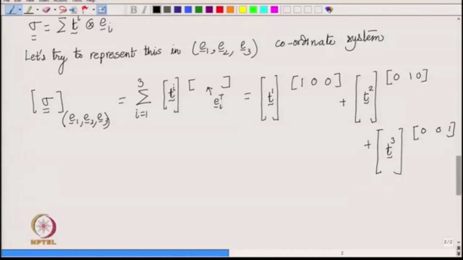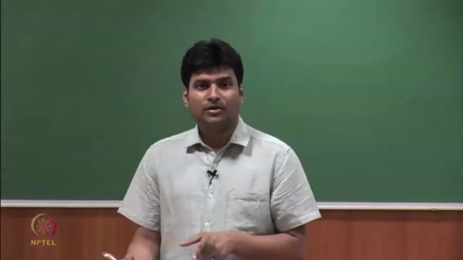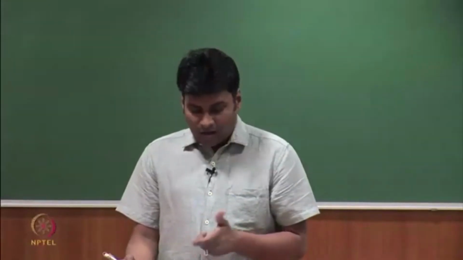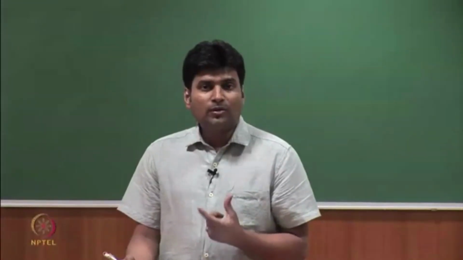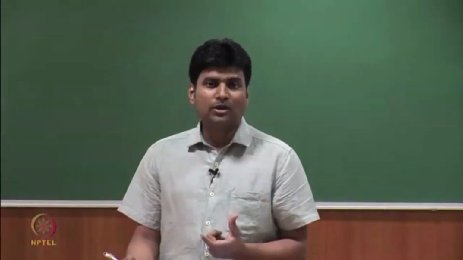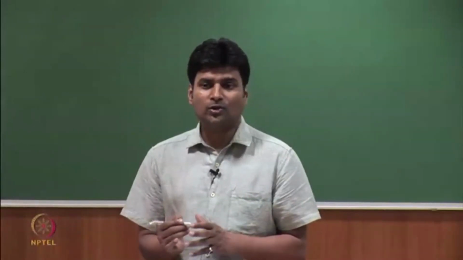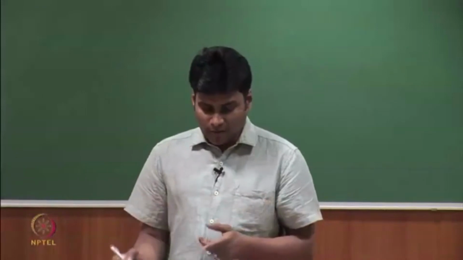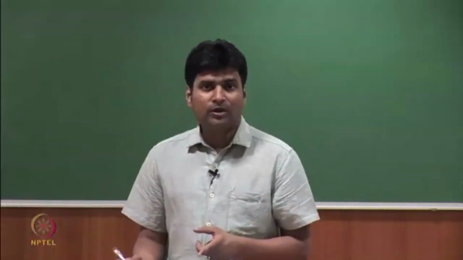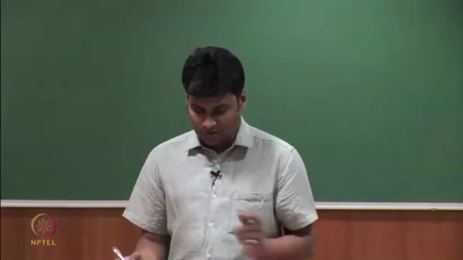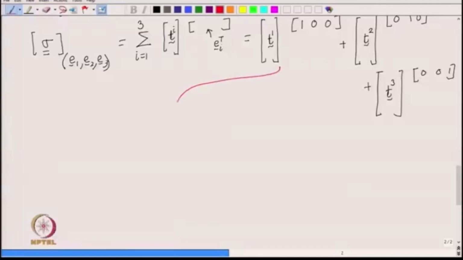Now, you see each of the 3 terms here is going to give me a matrix, and you have to sum those 3 matrices to get your stress matrix. What will the first term give me? What matrix is the first term going to give me? So, from the first term, T 1 is 3 cross 1 multiplied by 1 cross 3.